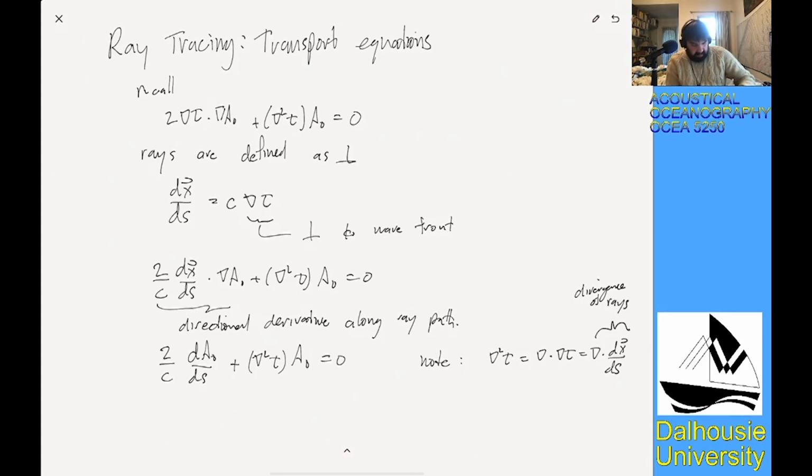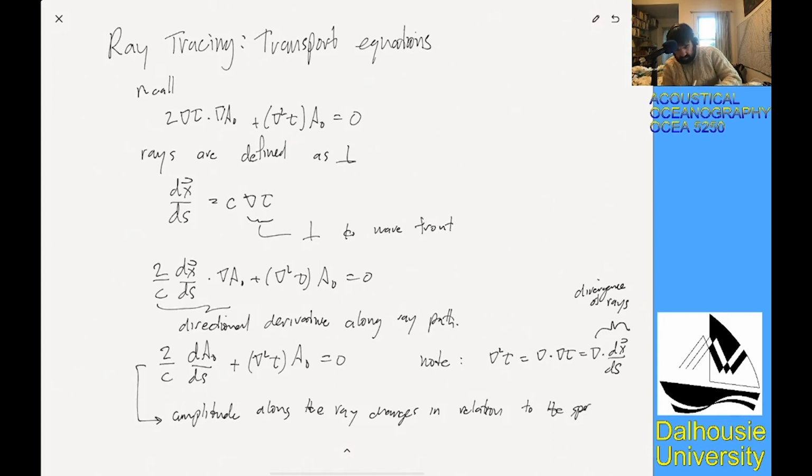So this says, more or less, the amplitude along the ray changes in relation to basically the spreading of a ray tube.